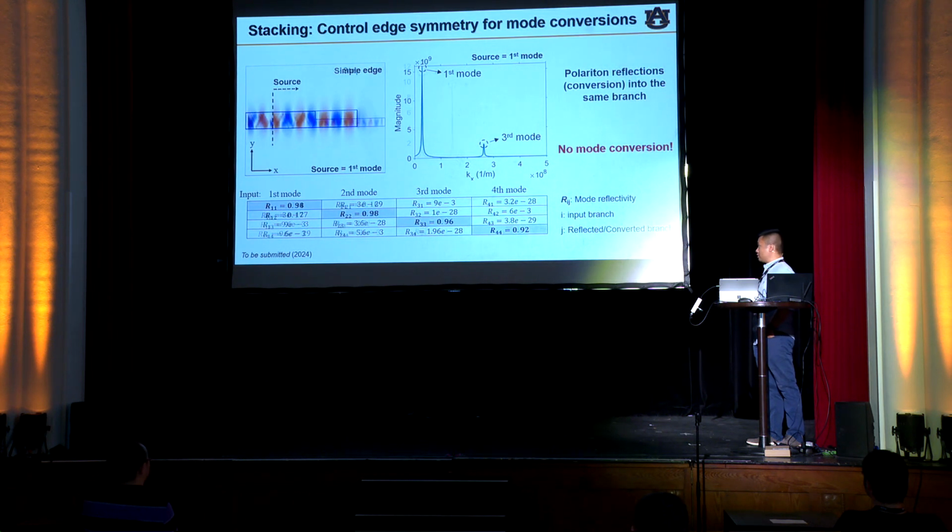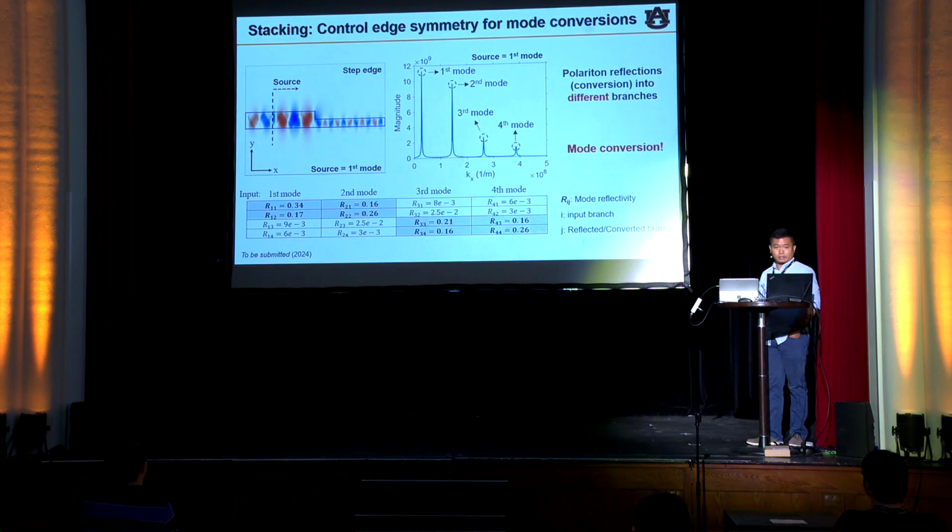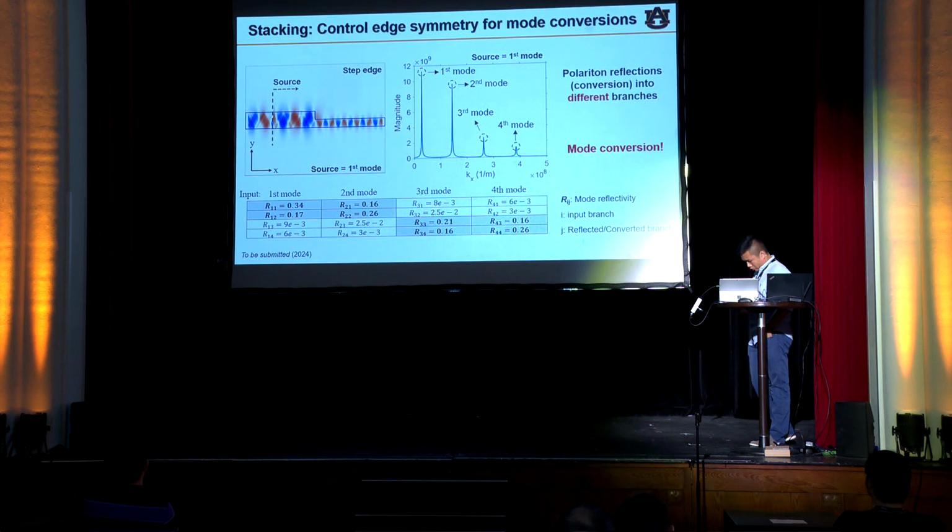That is the case for the simple edge, but if you use our stepped edge to break the symmetry, you could convert the first branch into different branches. So if you input the first branch, it is converted and reflected into the first branch and second branch, and you could have similar phenomena if you input the other branches. So by breaking this edge symmetry, you could achieve this mode conversion between different hyperbolic branches.